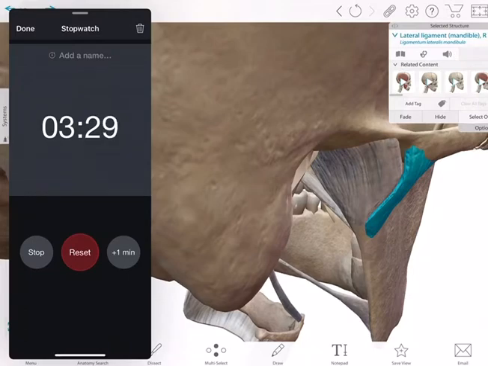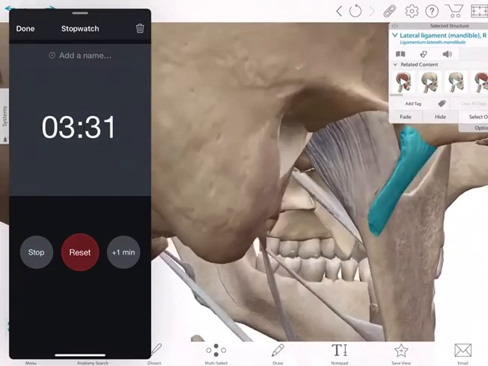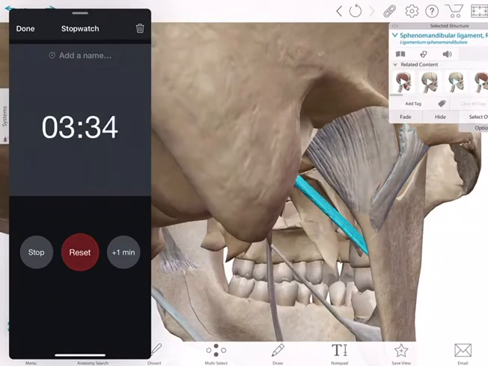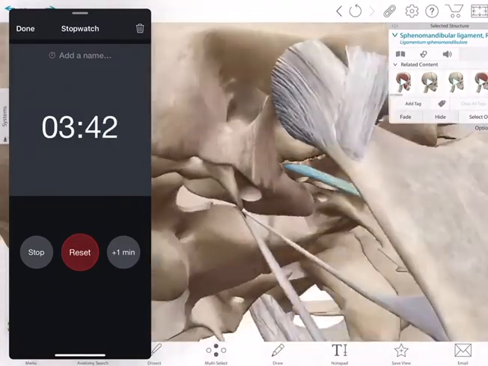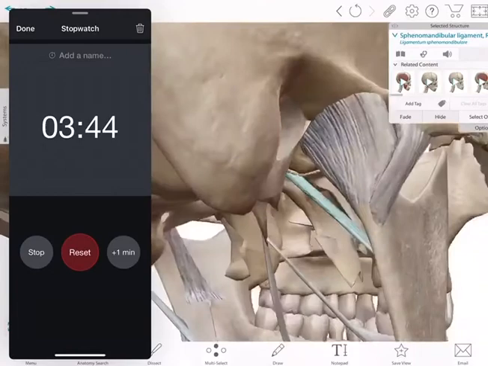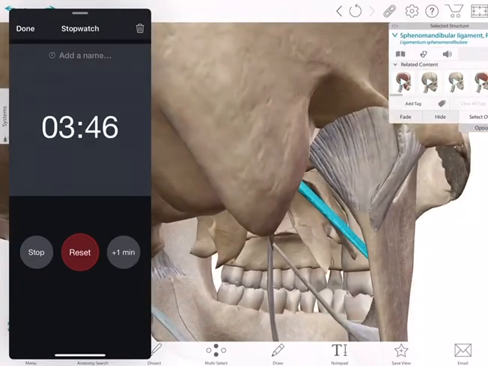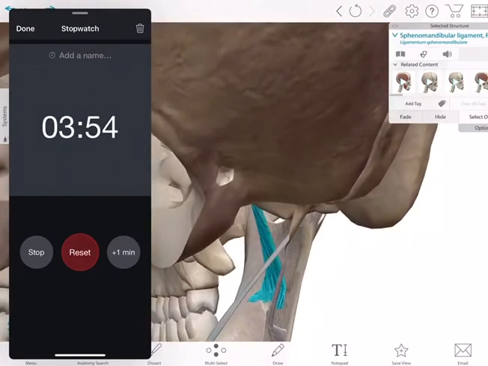Also we have the sphenomandibular ligament. Here is the sphenomandibular ligament. It originates from the spine of the sphenoid bone. As we can see here, there is the spine of the sphenoid bone, and it inserts in the medial side of the ramus of the mandible, mainly in the lingula.